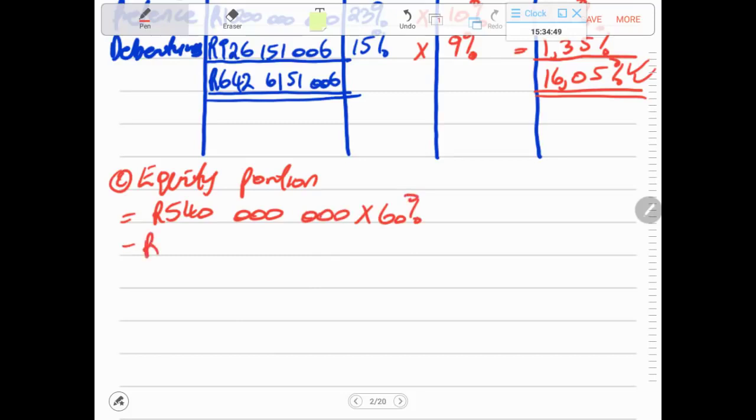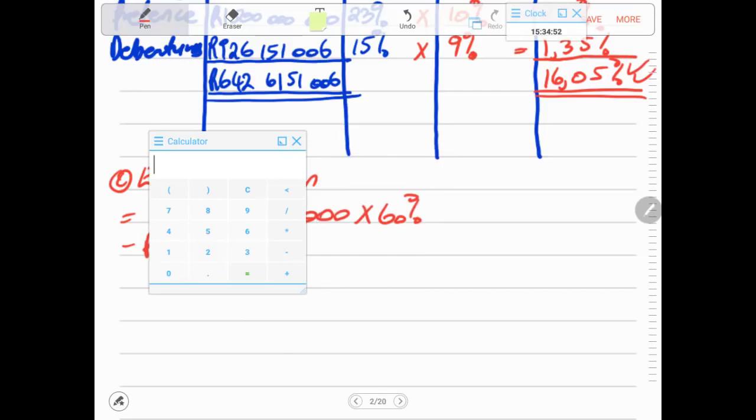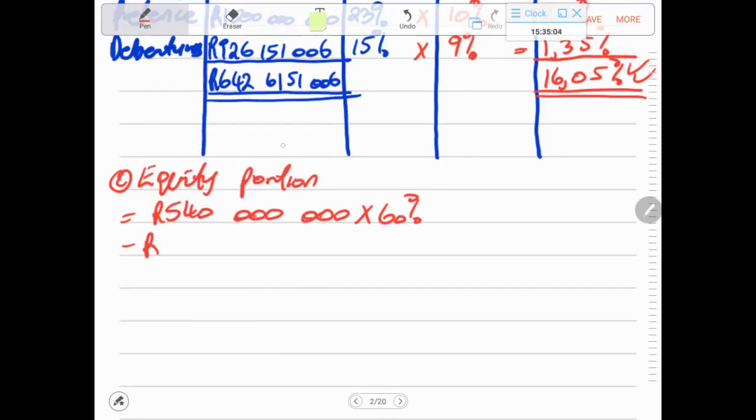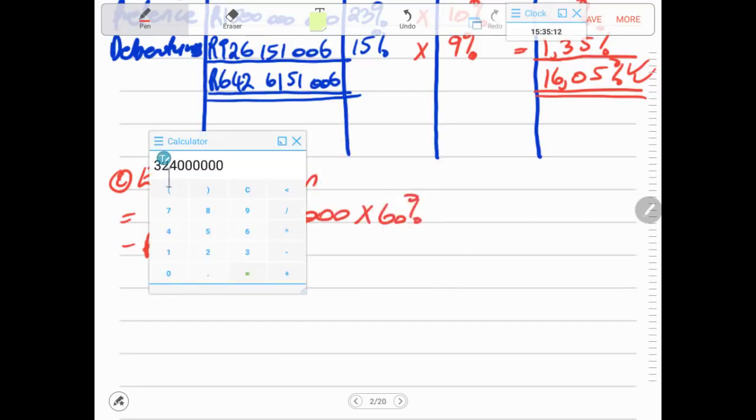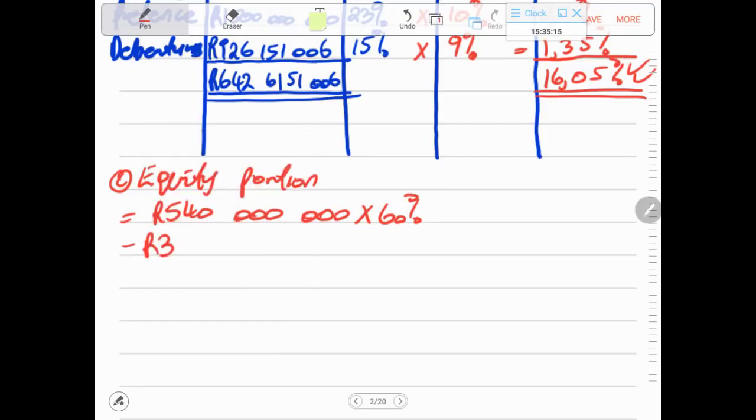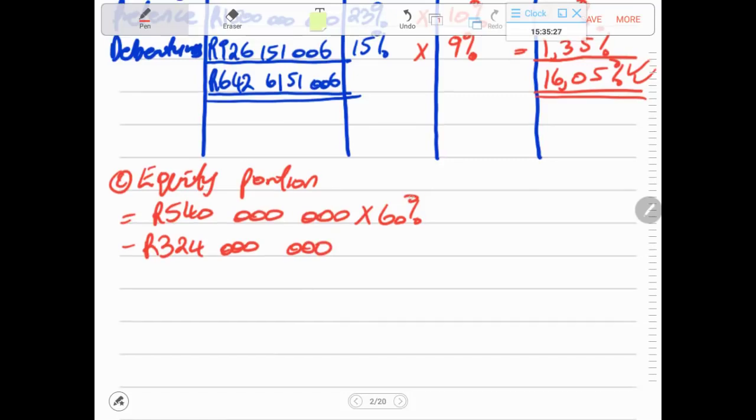And when you multiply this by 60%, it will be 540 million times 0.6, meaning 324 million. These zeros are a bit disturbing, honestly. So this will be the part of equity regarding this project.